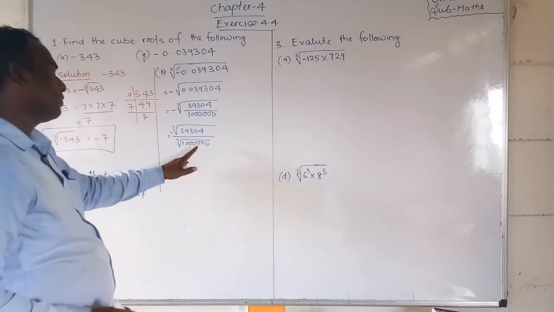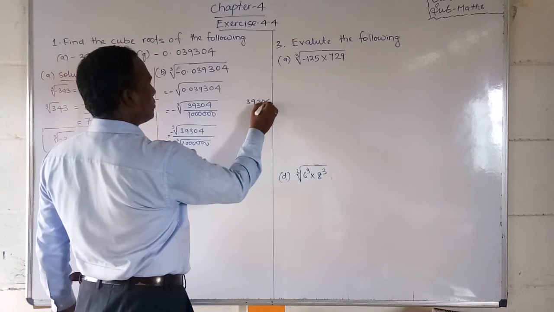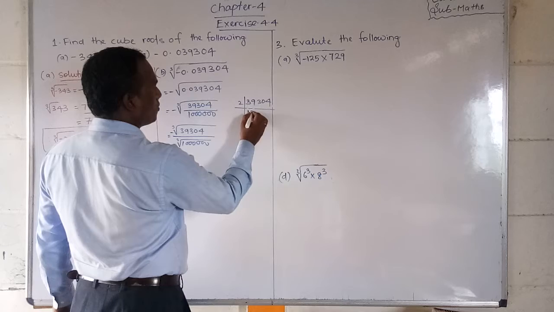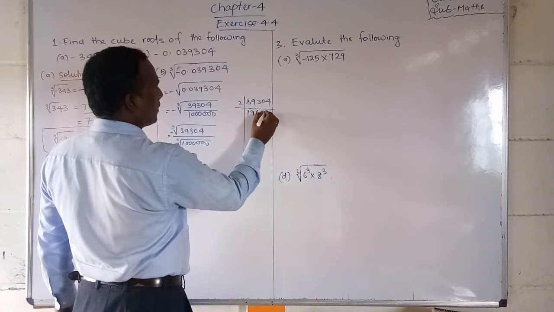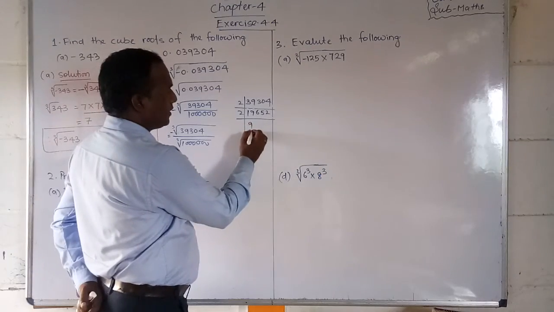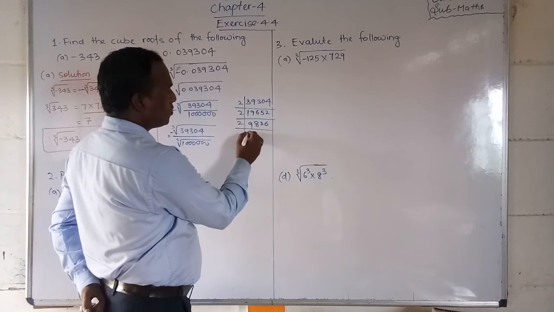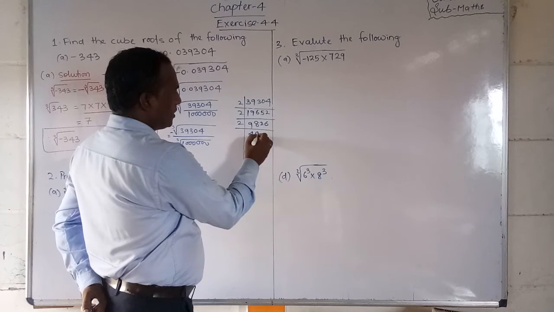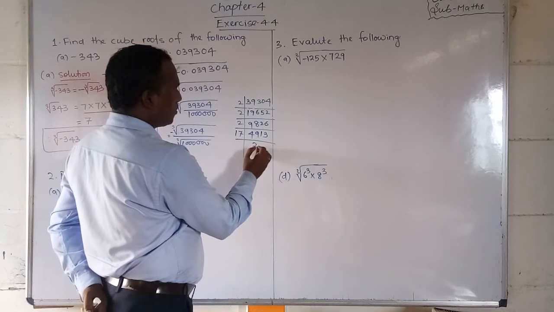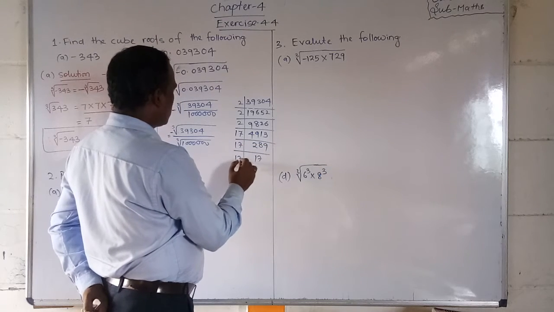The 6 zeros we already know, but for 39304 we have to find its prime factors. Dividing by 2 repeatedly, we get 19652, 9826, 4913. Then 4913 divided by 17 gives 289, and again by 17 gives 17, so we take 17 once more.